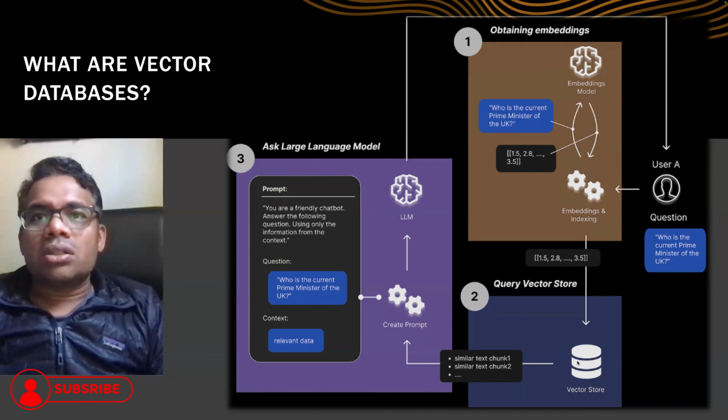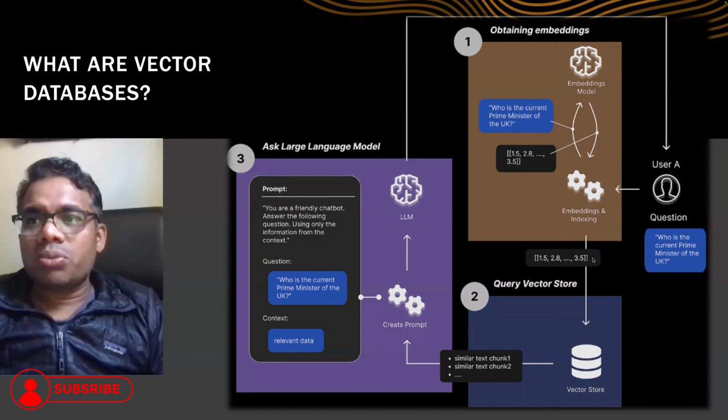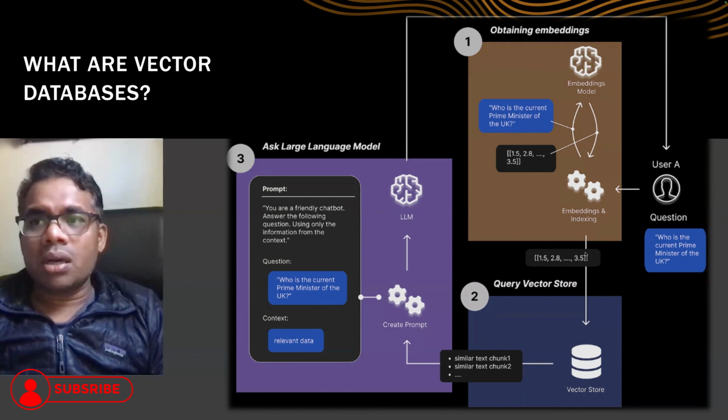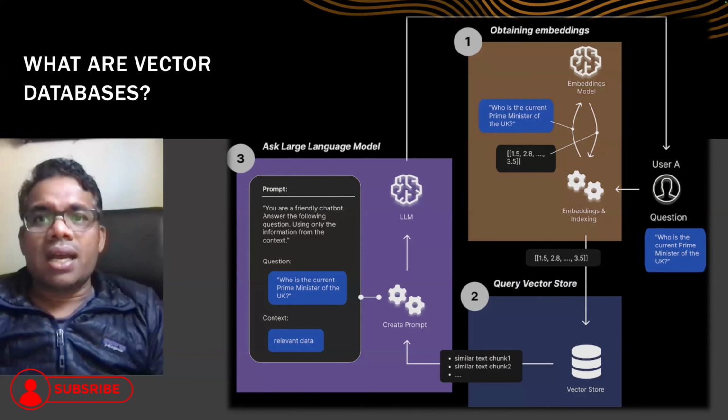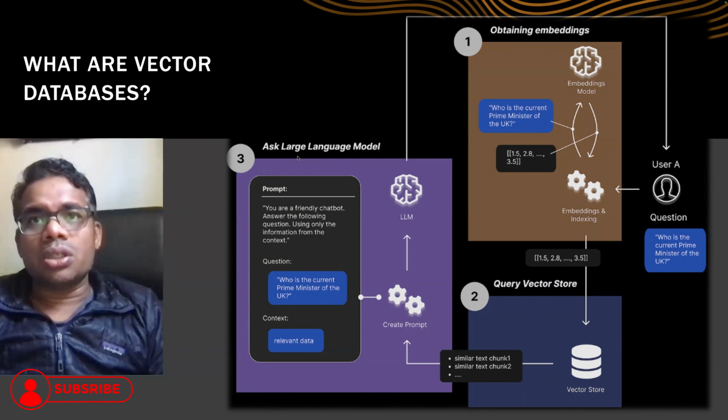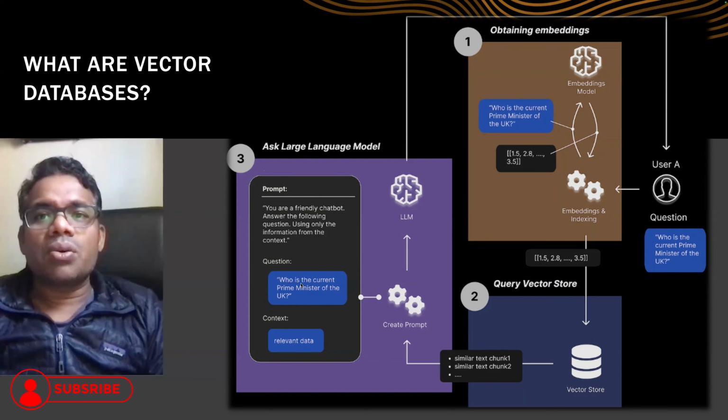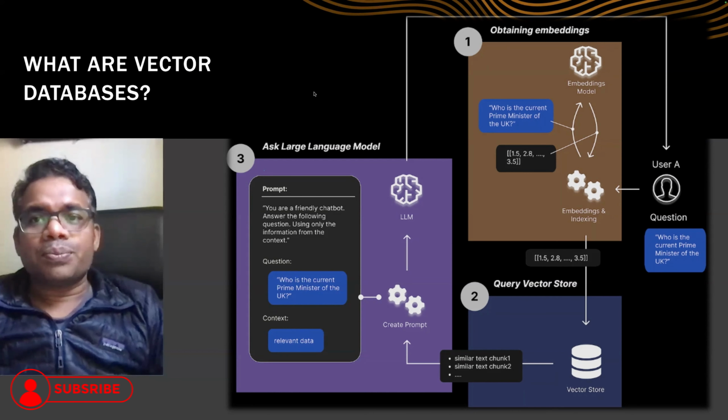The next time, it will try to identify or source the nearest related numbers or arrays, and then find them and convert them into the related text. Then it will respond to the user as a response, right? So this is the question, and it makes a context out of that and responds to the user. So this is how the flow works.